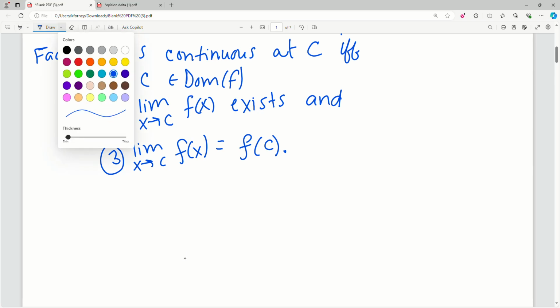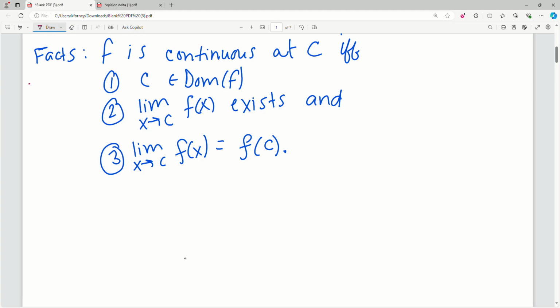So let's let f of x equal 5x cubed minus 7x squared. I'm going to change this. We're going to do a piecewise.